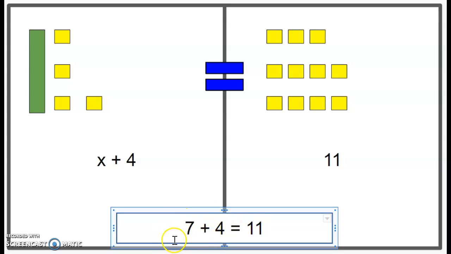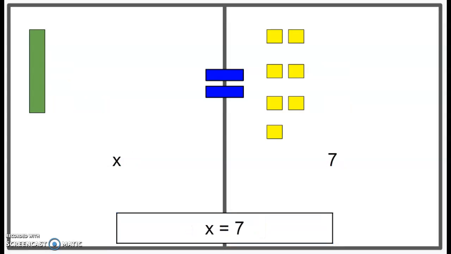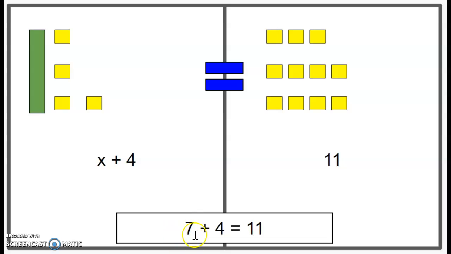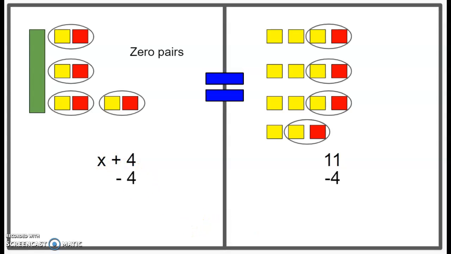So that means that when I solve for my x equals 7, right here, when I substitute that 7 or replace the x with 7, I know that this is correct, because 7 plus 4 does equal 11, which makes this statement true, which means I was able to solve for my x by making zero pairs, or doing the inverse operation.